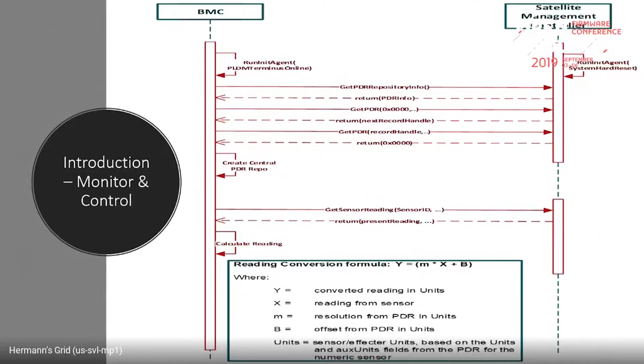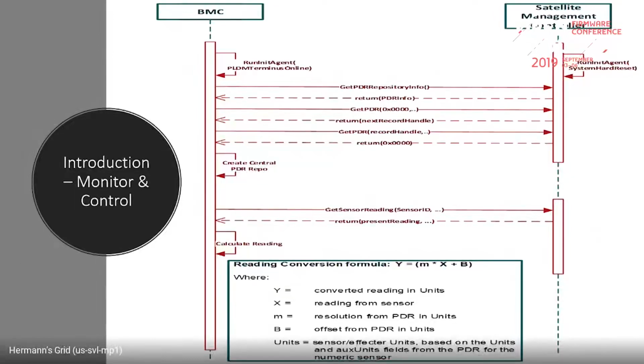For each PDR that is found, it sets the sensor type, sensor thresholds, and hysteresis as directed by the platform descriptor record, using the set sensor thresholds and set sensor hysteresis commands, which are part of the PLDM for platform and monitoring specification. It may also enable event generation if the sensor supports it. And it may also set the default value, like set numeric sensors.